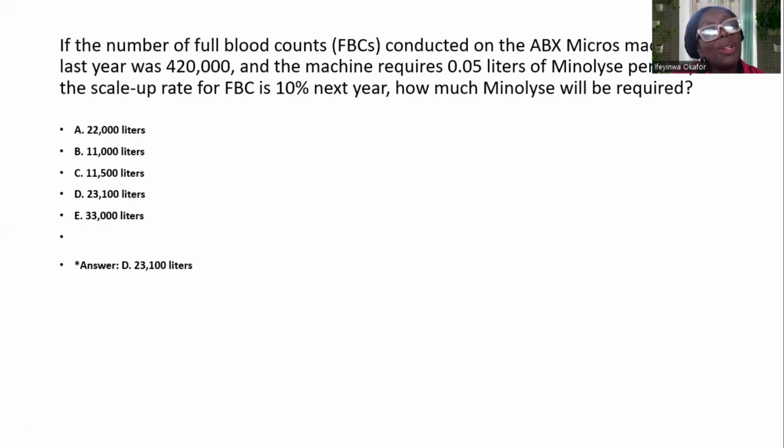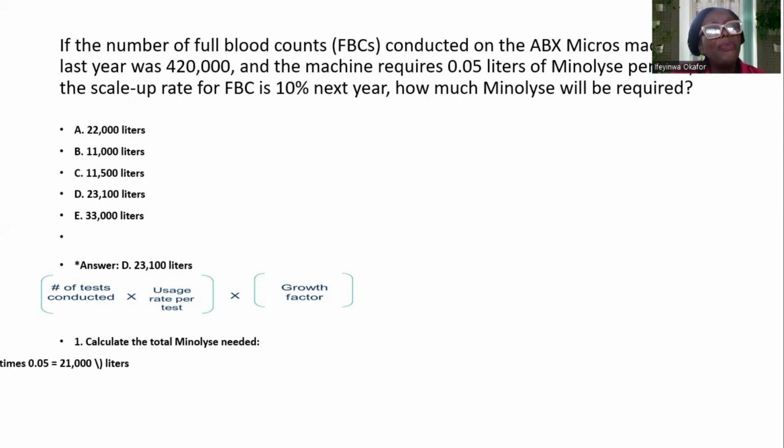23,100 liters. So let us look at how we got that 23,100 liters. Remember our formula? It says number of tests conducted times usage rate per test times growth factor. That will give you the forecasted quantity, how much will be required for the next year.